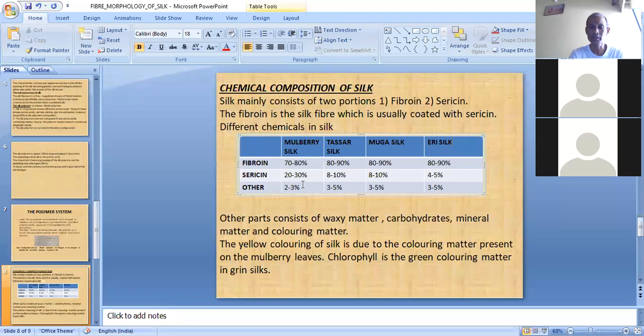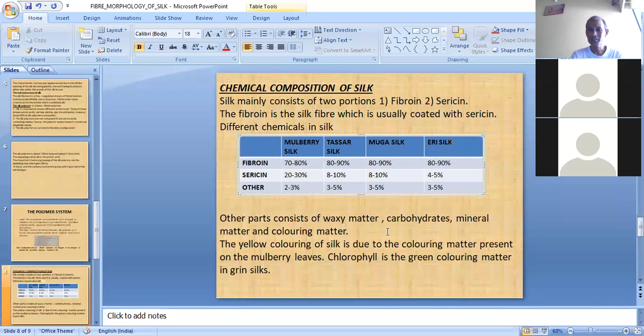Sericin is 20 to 30% here, 8 to 10% and 8 to 10% in the next two, and 4 to 5% in eri. Other materials are 2 to 3, 3 to 5, 3 to 5, and 3 to 5. The other parts consist of waxy matter, carbohydrates, mineral matter, and coloring matter.